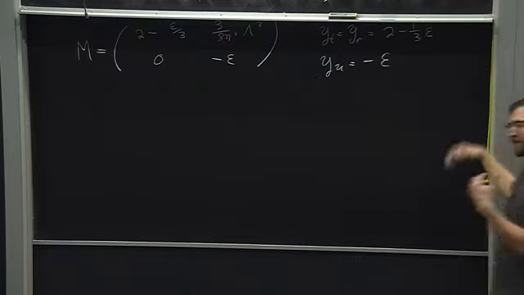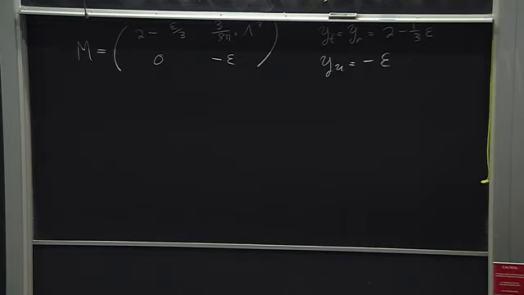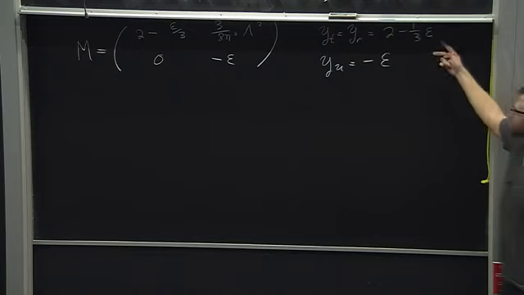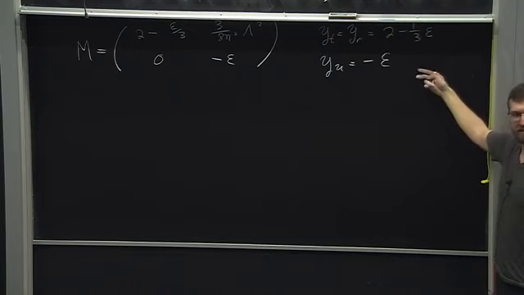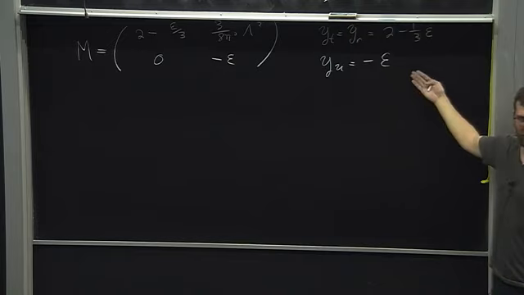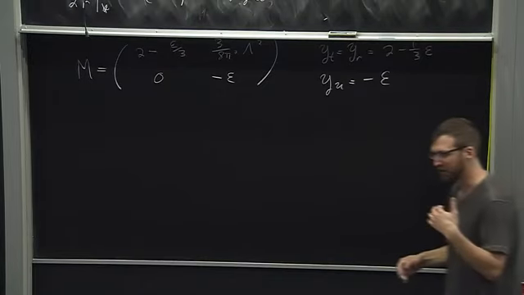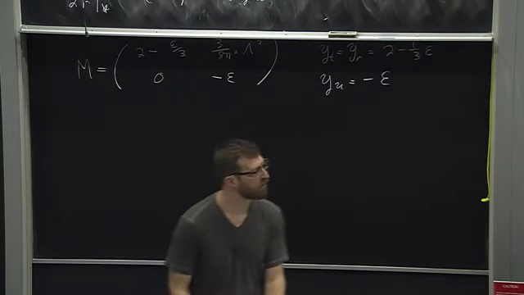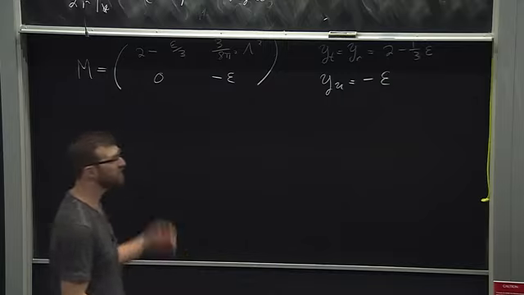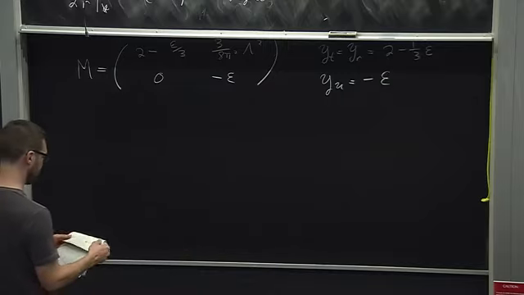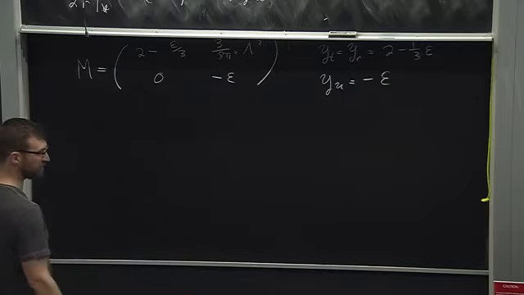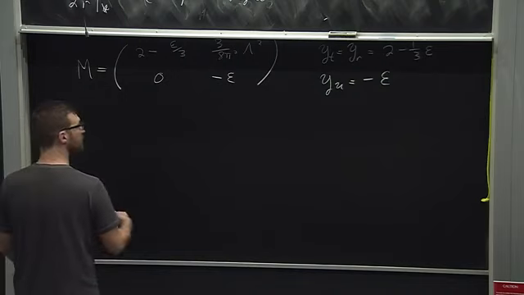So you got to check the directions again, right? You're in RG flow space. That tells you relevance and irrelevance. Assuming epsilon's positive, this one's negative, and so on. But it's not clear. You need the eigenvectors to know which direction these RG flows act in.